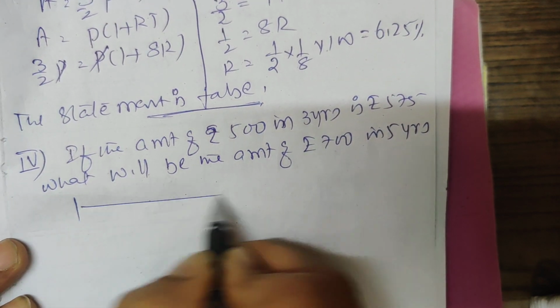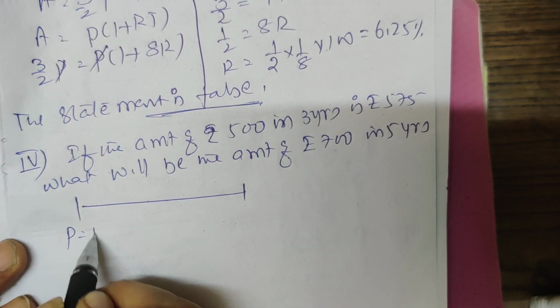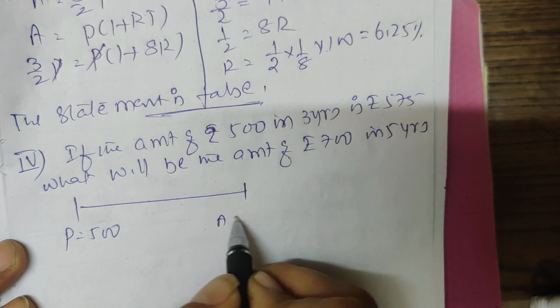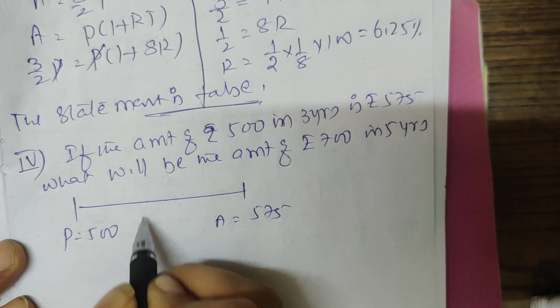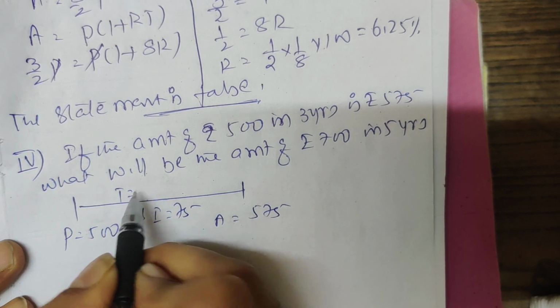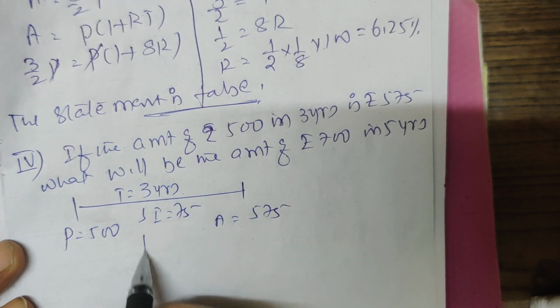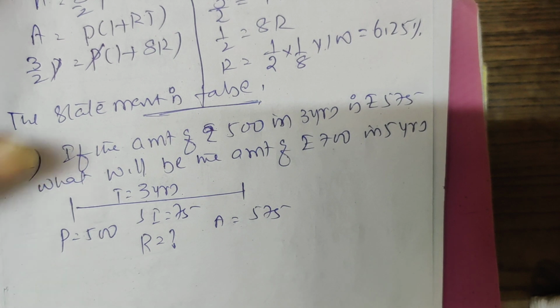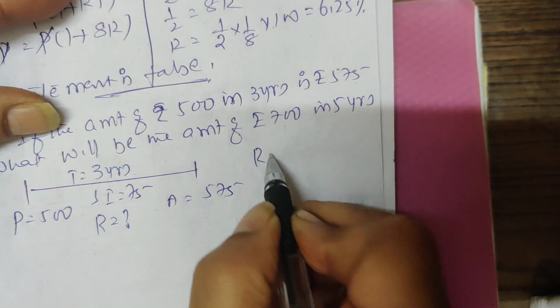Now look at the question. Principal is 500, amount is equal to 575, simple interest is 75, time is equal to 3 years, rate is not given. Let us calculate rates, sir.